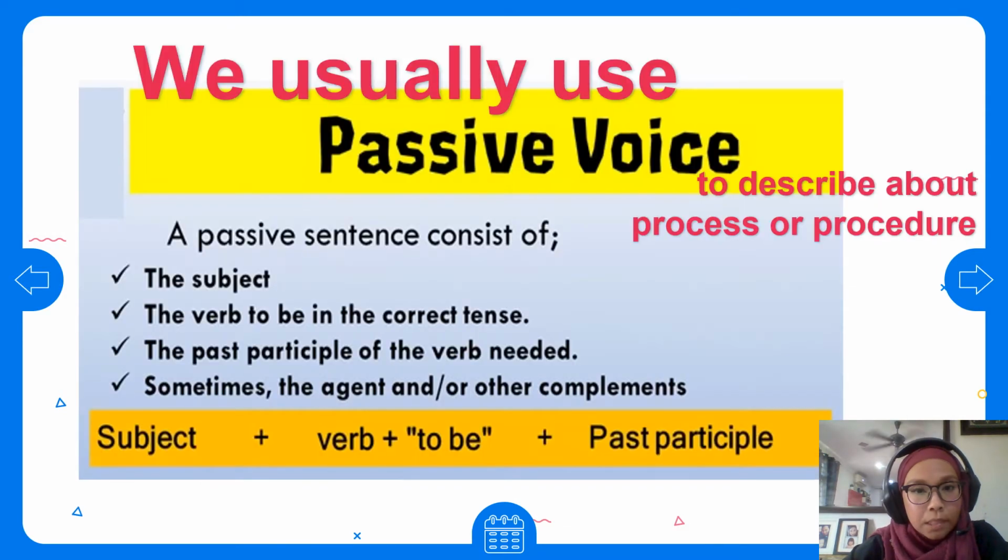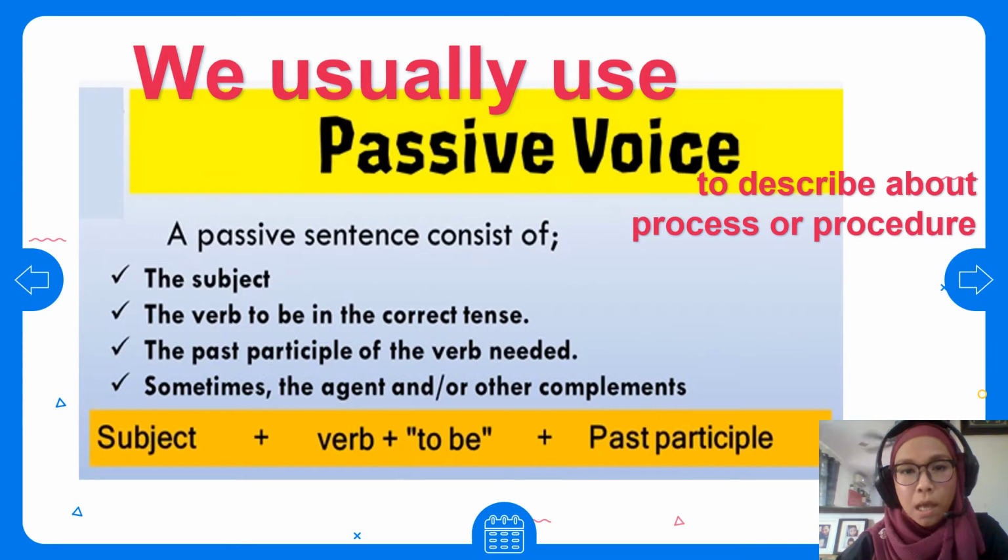Next one. When we are talking about process or procedure, we usually use passive voice. You still remember during your school days, the teacher would ask you to convert active voice to passive voice in bahasa Melayu.